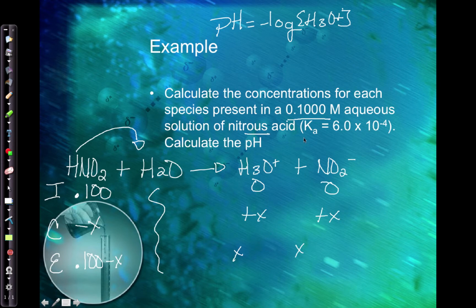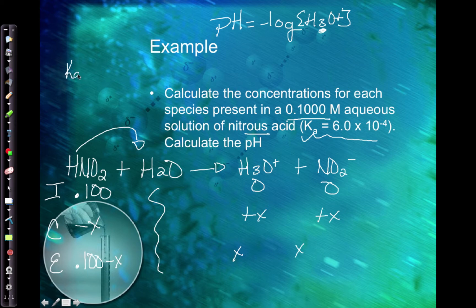All right, so this problem is different from the last because the last one gave you the pH. So if you have the pH, then you have this. Well, I want the pH this time, so I need the concentration of hydronium. It gives you the Ka value this time, so that means you can plug everything into the Ka expression and actually solve for X because you only have one variable here.